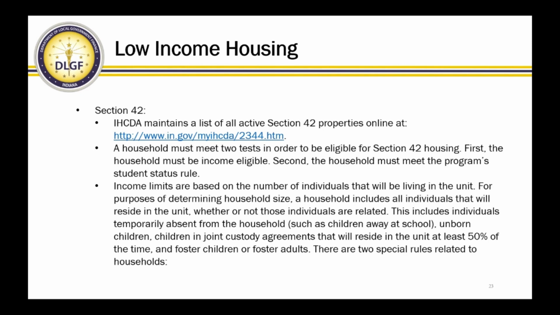This would include related or unrelated individuals, and also includes individuals that may be away from the household, say if someone is at school, also unborn children or children in joint custody agreements, as long as they reside in the unit at least 50% of the time. It also includes foster children or foster adults. There are two special rules related to this, however.